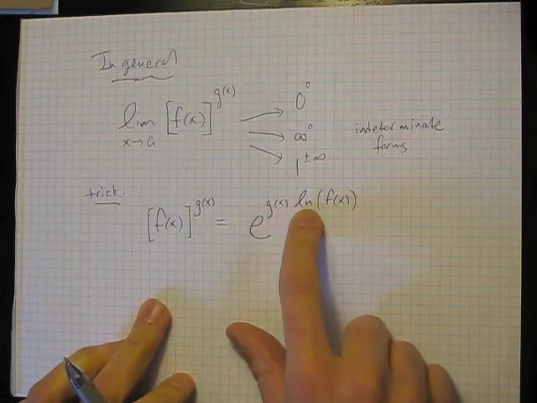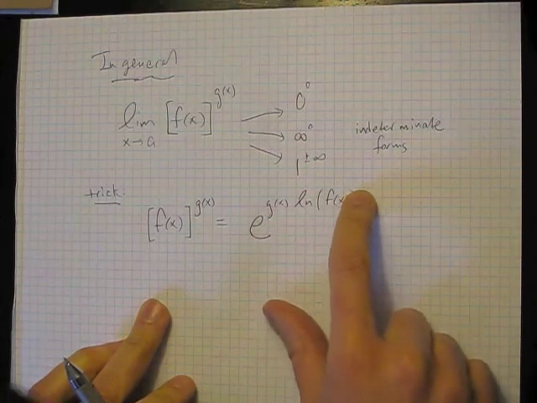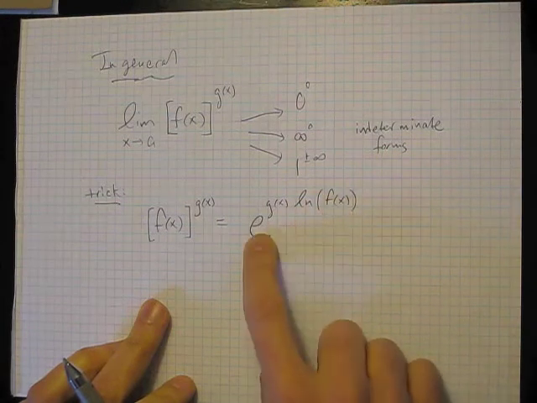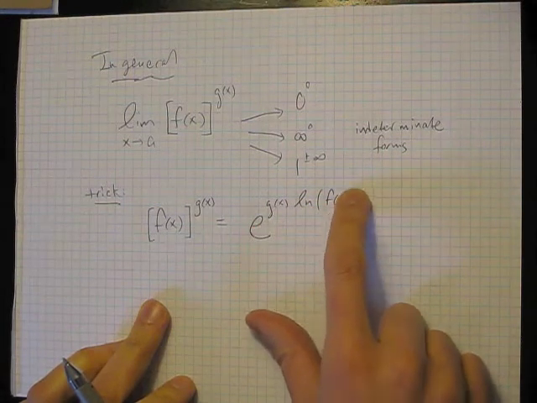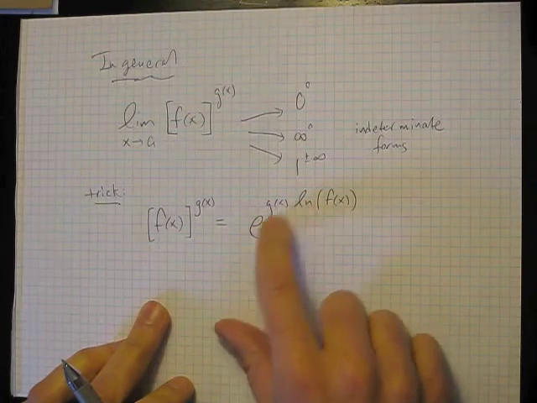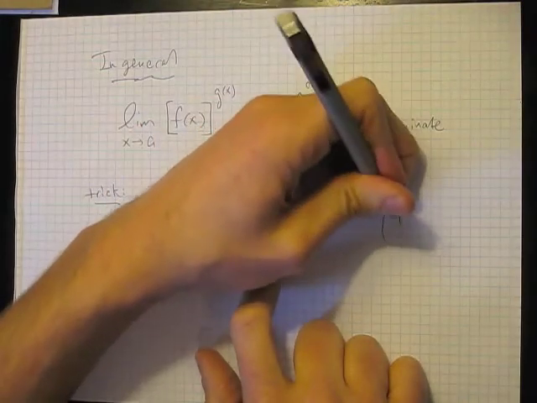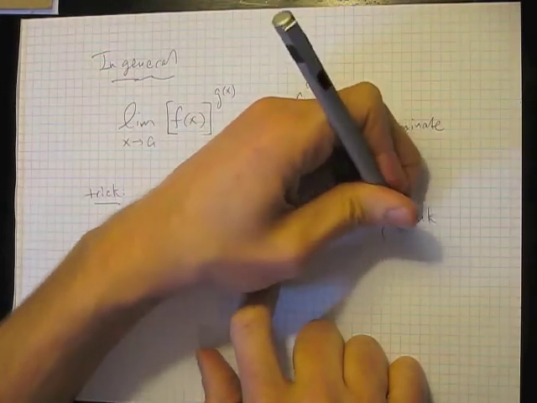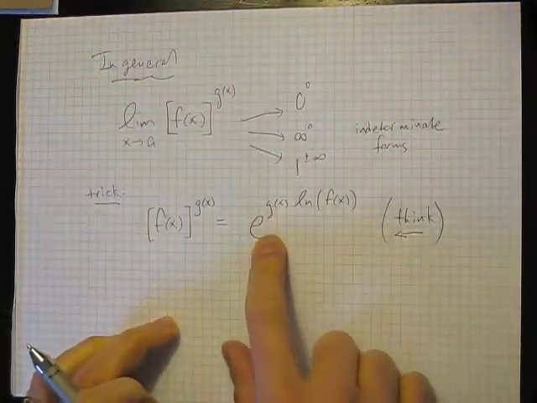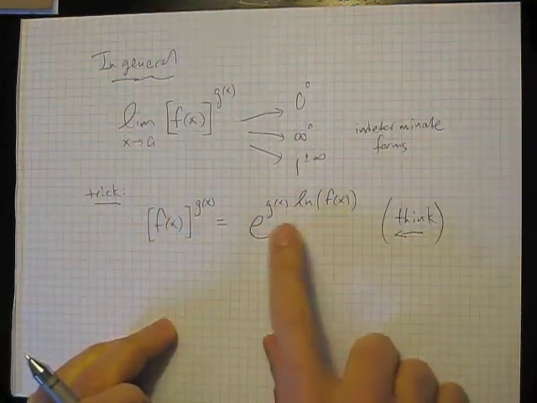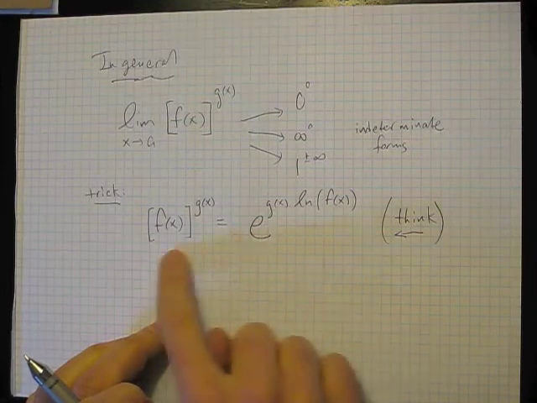Because that's a log right there, you can move that g into the power of f there, and then you will be left with e to the log of f to the g, which is that, right? Because e's and logs will cancel each other out. So think about this. This is true. Convince yourself using the properties of e's and logs that this is a true statement.